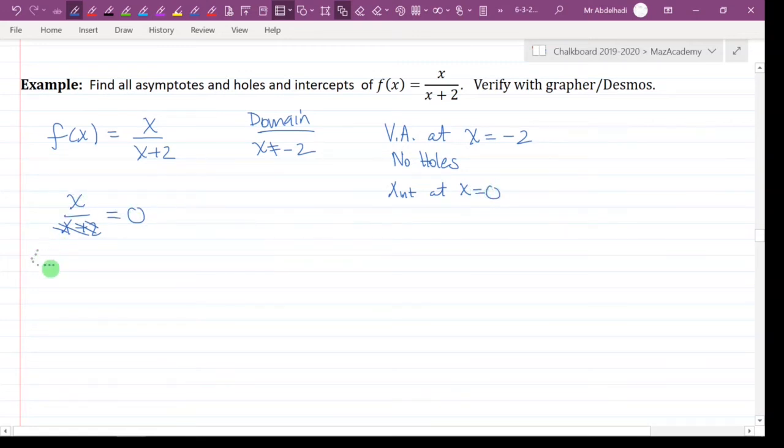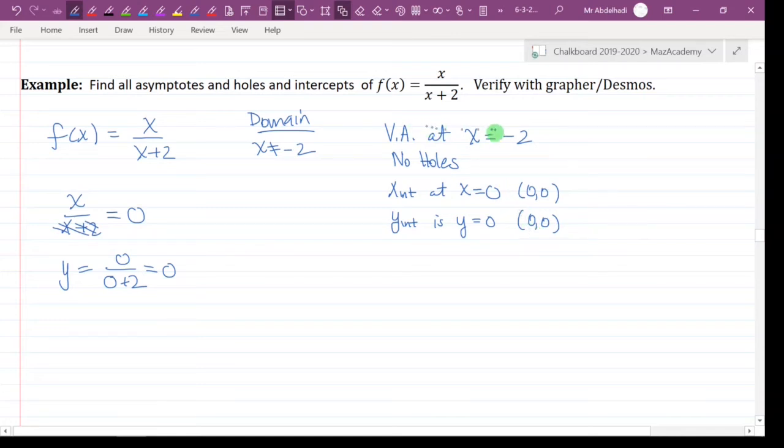What is the Y-intercept? Well, if this is y, you make the x's 0. Y equals 0 over 0 plus 2. Well, 0 over 2 is just 0. So the Y-intercept is 0. So you actually have an X-intercept at (0, 0) and a Y-intercept at (0, 0). Basically, that just means this thing goes to the origin, right? Okay. So the function goes to the origin.